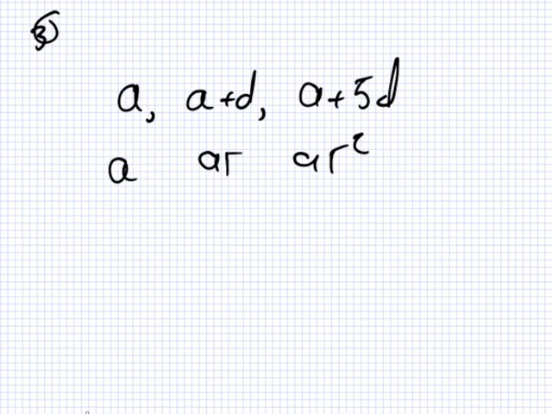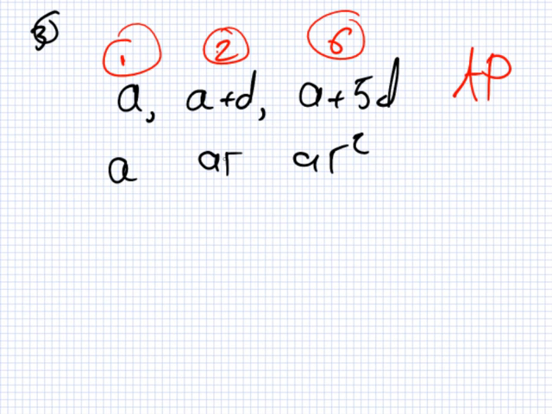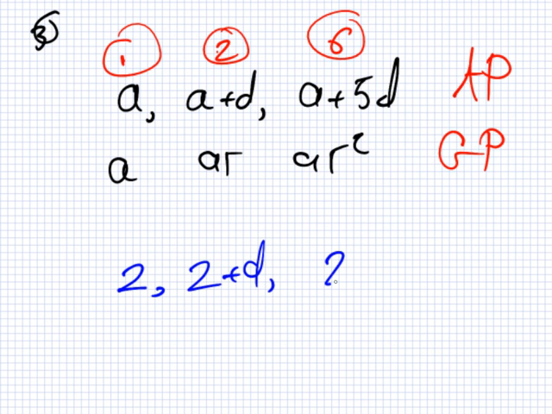I'm telling you the first, the second, and the sixth term of some arithmetic sequence also make a geometric sequence. Not only that, I actually tell you what the first term is as well. What did I say it was? 2. So this really starts off with 2, and then you have 2 plus d, and then you have 2 plus 5d. I just put a as 2 here.